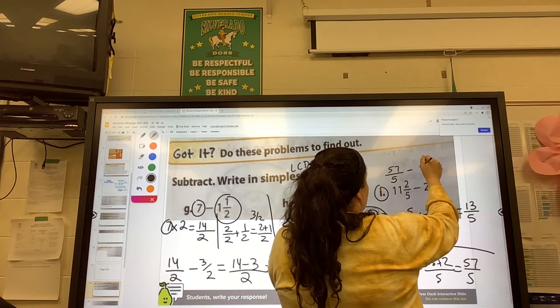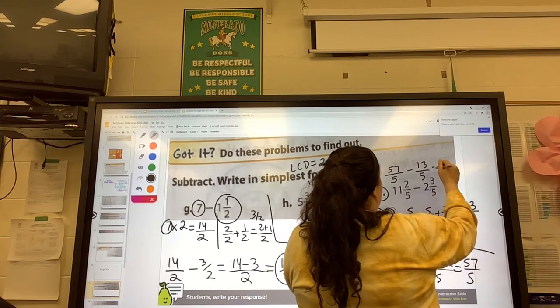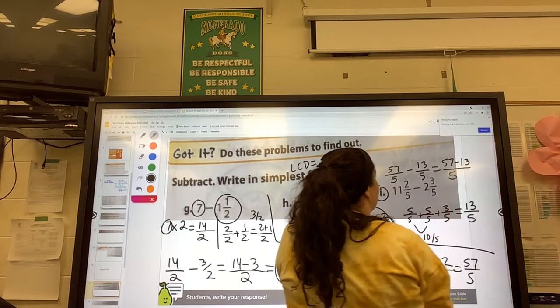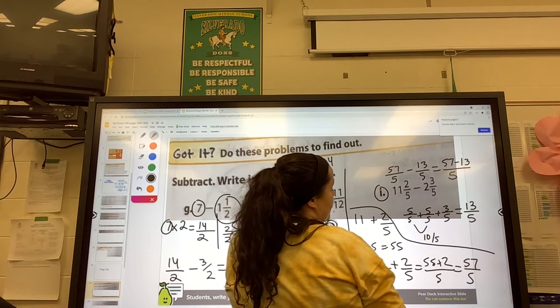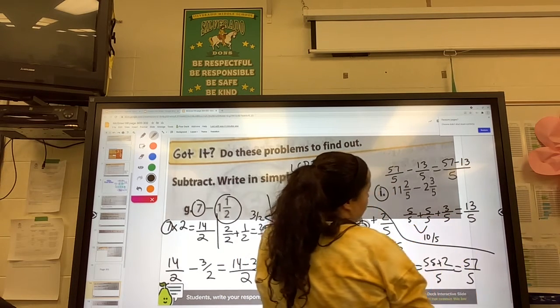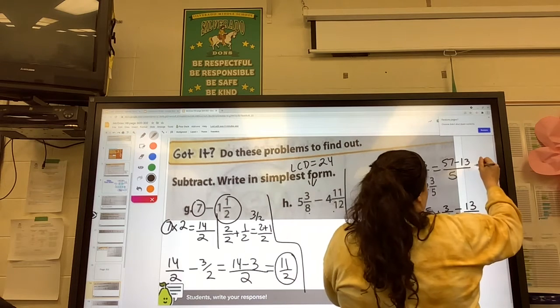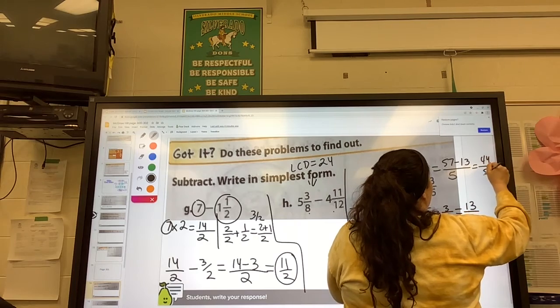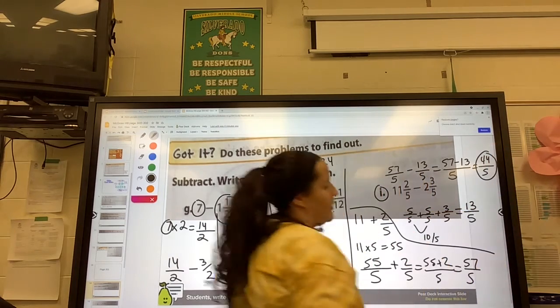So plug that in. Equals 57 minus 13 over 5. 57 minus 13. 57 minus 10 is 47 minus 3. 44, I'm pretty sure, over 5. And you can see if you could simplify that, but I'm going to leave it.